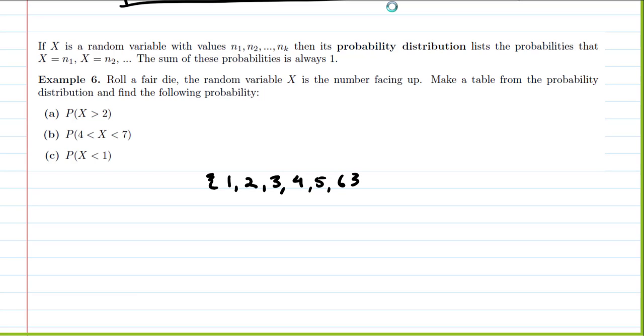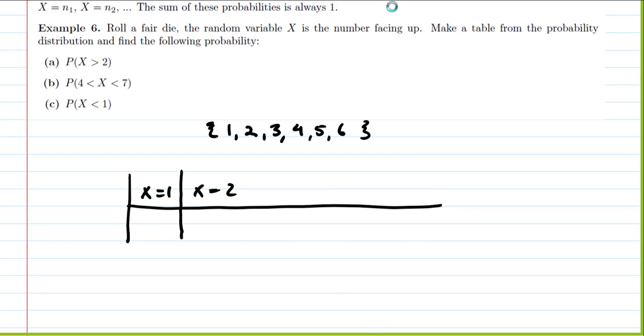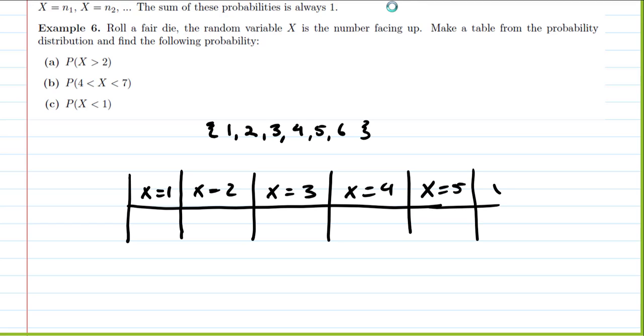Since our die is fair, all of these events are going to be equiprobable. So x equals 1, x equals 2, x equals 3, x equals 4, x equals 5, and x equals 6.